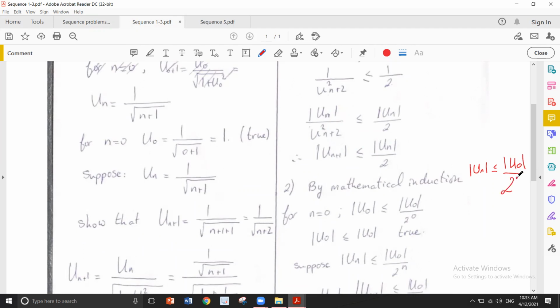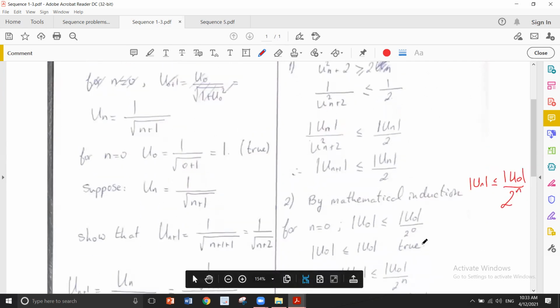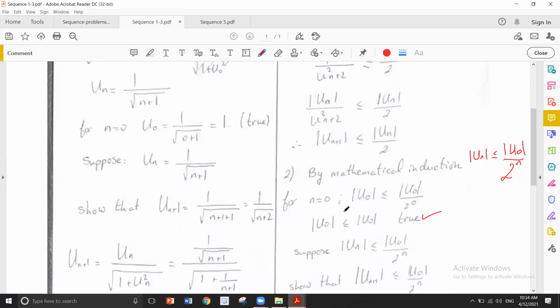By mathematical induction, to prove a relation that depends on n is always true, we start with n equals 0. For n equal to 0, بصير عندنا U0 less than or equal to U0 over 2 to the power 0. So U0 is less than or equal to U0, which is true. We prove that this relation is true for the smallest value of n. هيدا أول step.